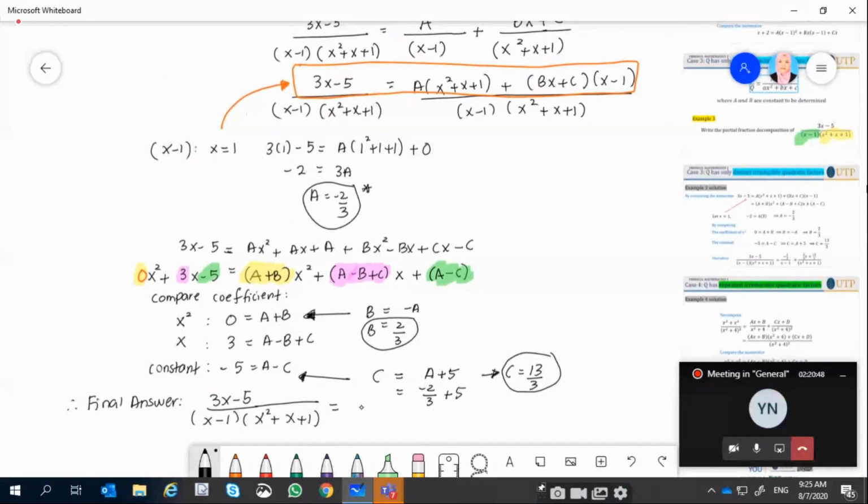A is negative 2 over 3, over s minus 1, plus b is 2 over 3 s plus c is 13 over 3, over s squared plus s plus 1.